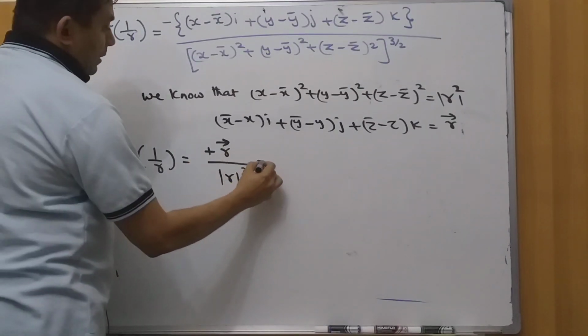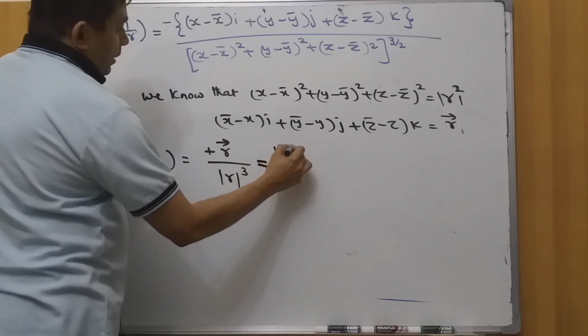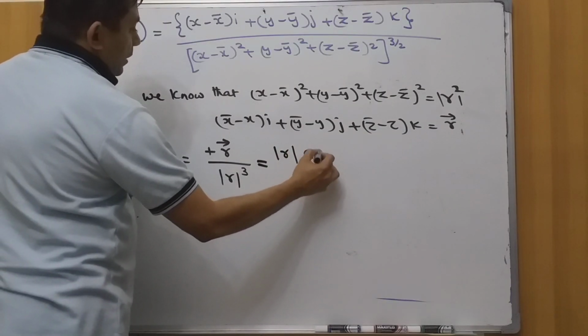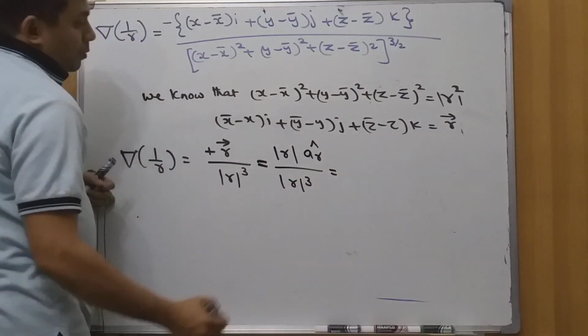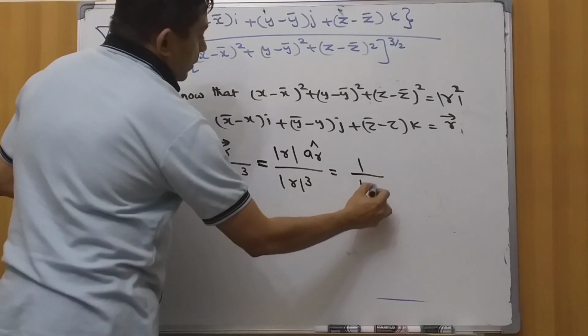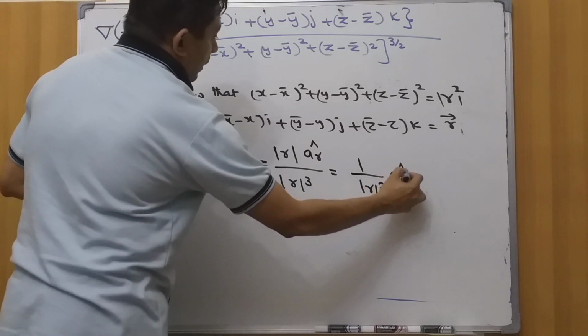As we know, any vector can be represented as the magnitude of the vector multiplied by the unit vector. So if you simplify this equation, we get the result 1 by r square into ar cap.